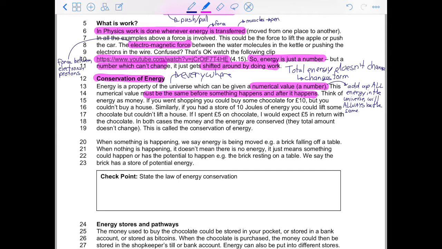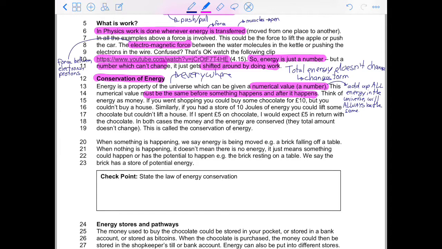So if you spent £5 on the chocolate, it's a really posh chocolate bar, and you handed the person behind the till a £10 note, you would expect £5 in return. So you'd have £5 worth of value in your chocolate and £5 in change, in cash. All right. It works the same way with energy.